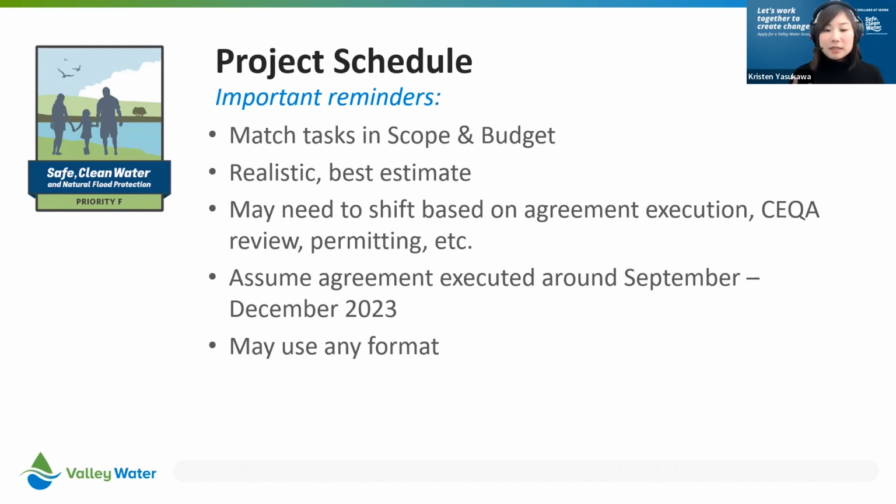A good way to put together your project schedule is we have the template that's in the Flux application, but usually the project schedule will include the same tasks that were mentioned in the scope, just so it's easy to compare the two documents, and then include a start date and an end date, and have a realistic, best estimate.